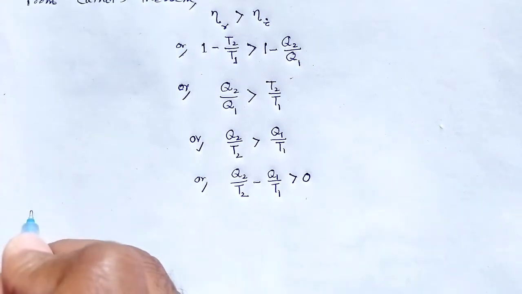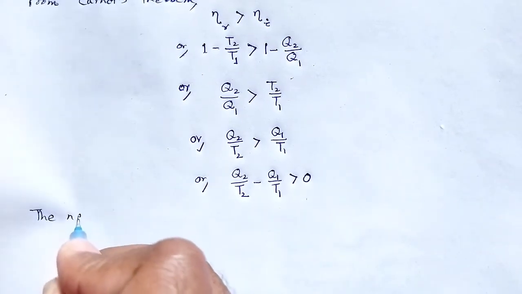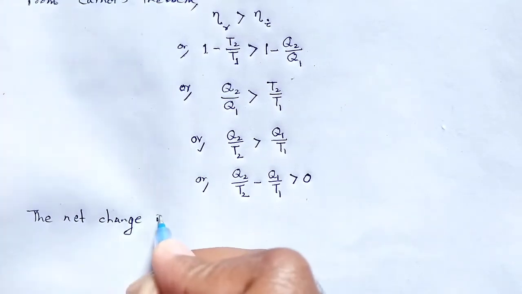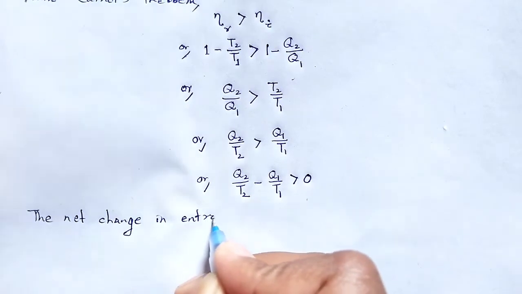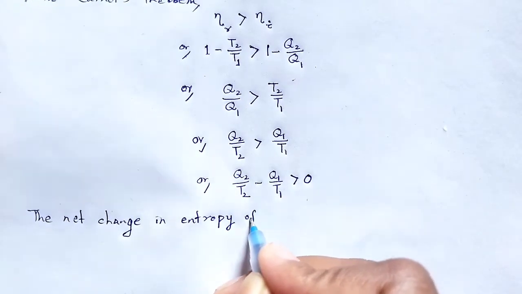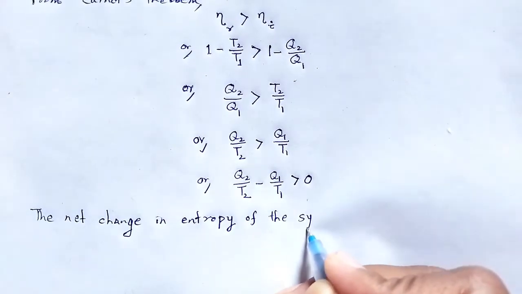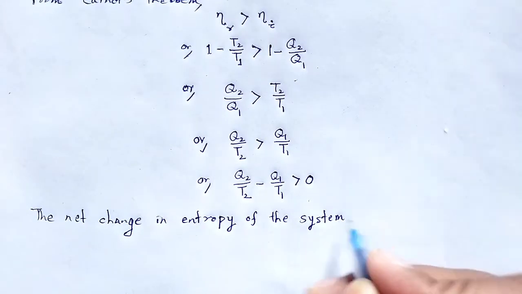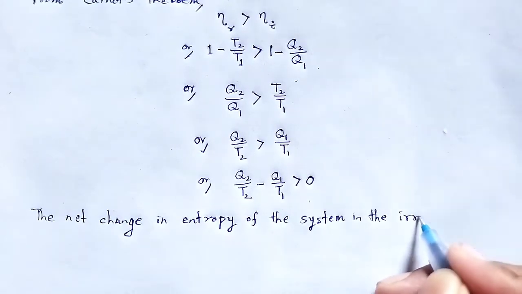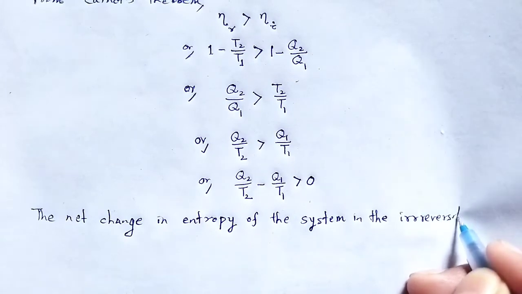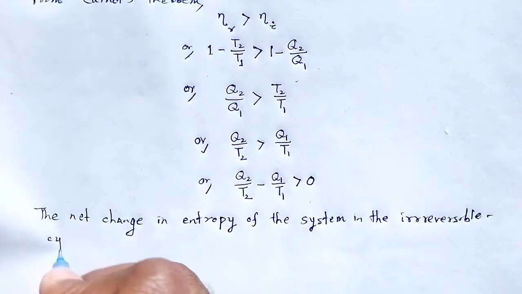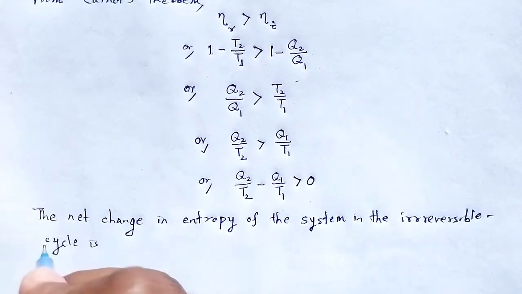The net change in entropy of the system in the irreversible cycle is what?